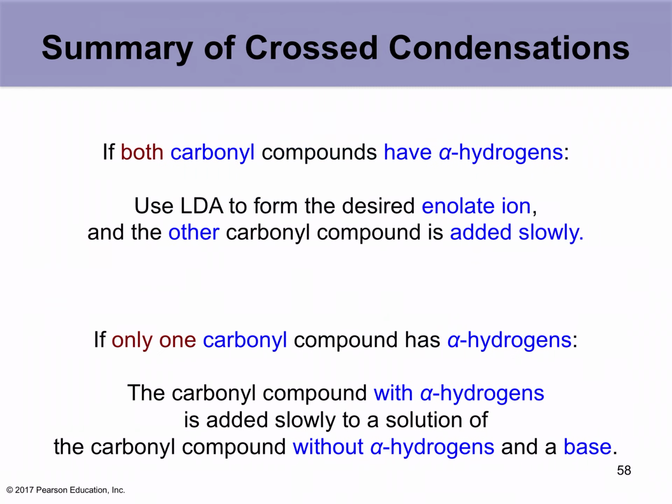Summary of cross condensations. If both carbonyl compounds have alpha hydrogens, use LDA to form the desired enolate and then add the other compound slowly. If only one carbonyl compound has alpha hydrogens, the carbonyl compound with alpha hydrogens is added slowly to a solution of the carbonyl compound without alpha hydrogen and the base.